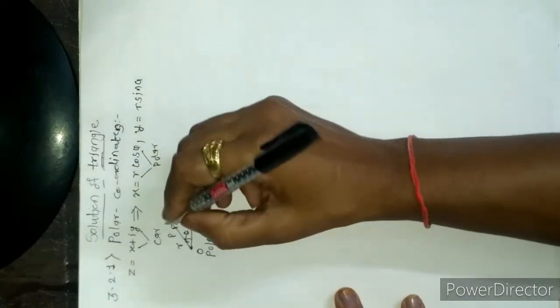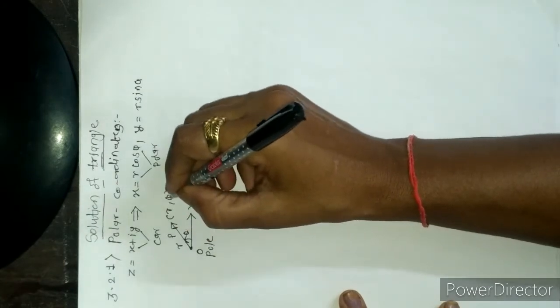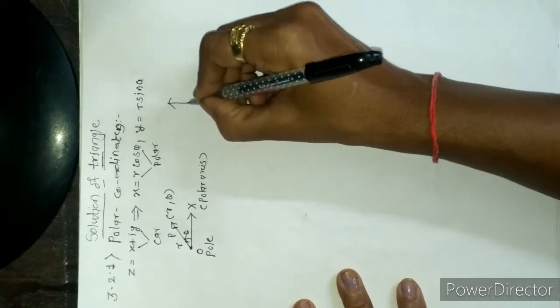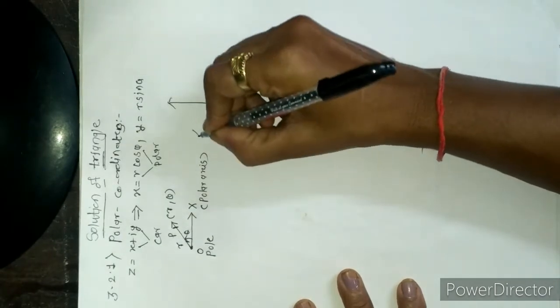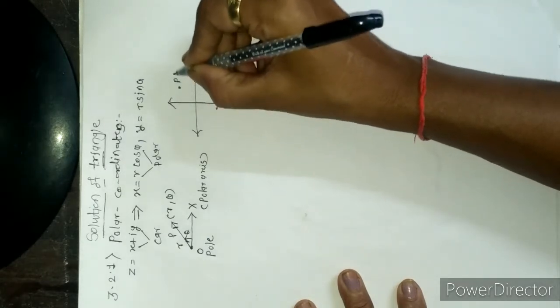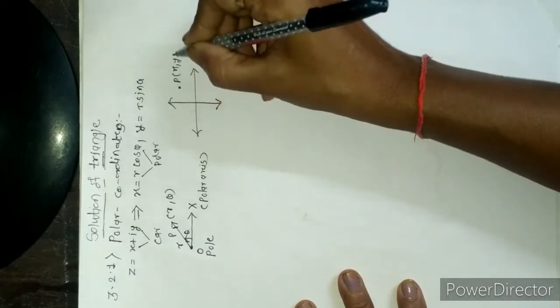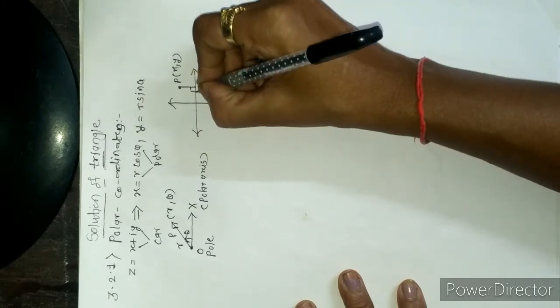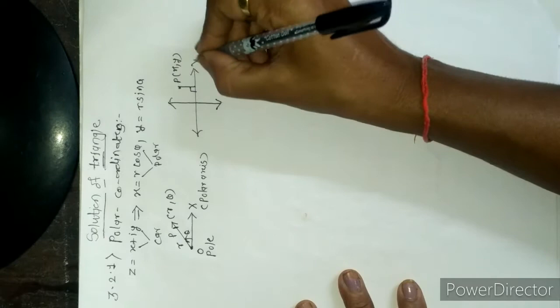So this point P gives polar coordinates r, theta, while in the Cartesian coordinate system, the same point P has coordinates x and y. From point P we draw a perpendicular on the x-axis.